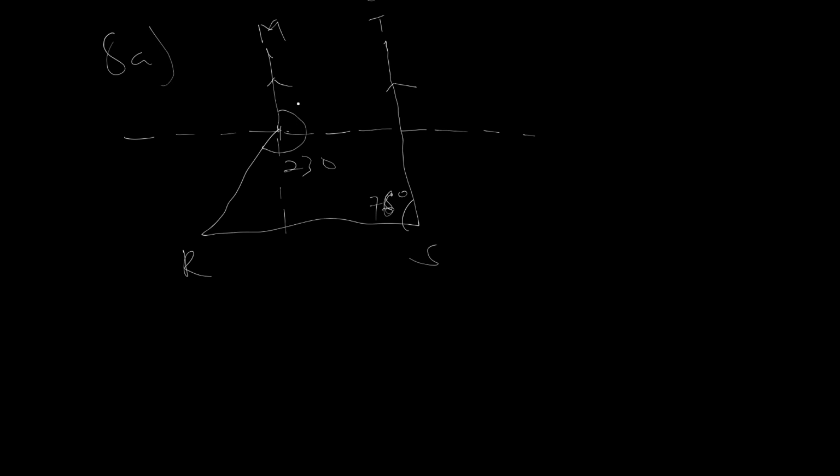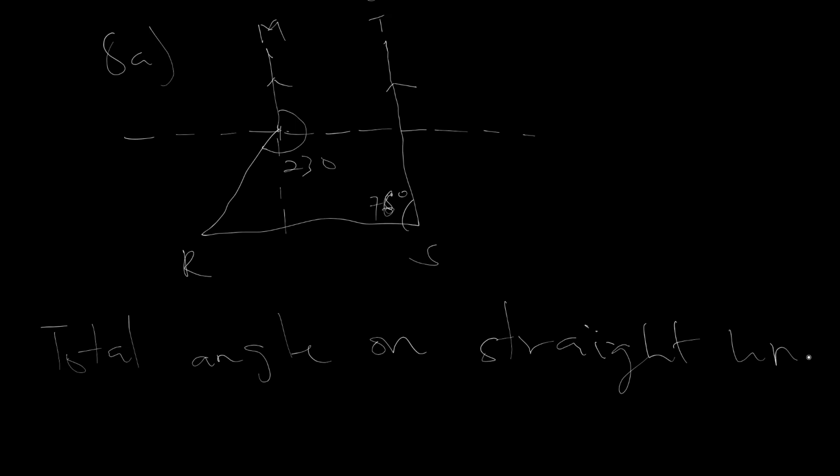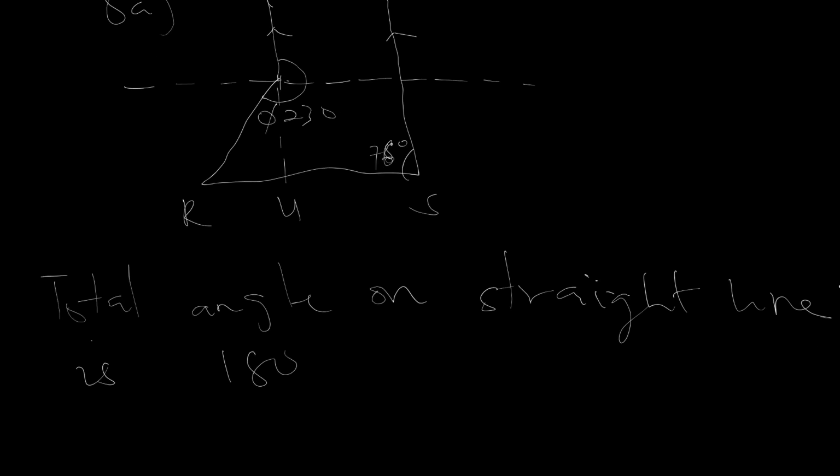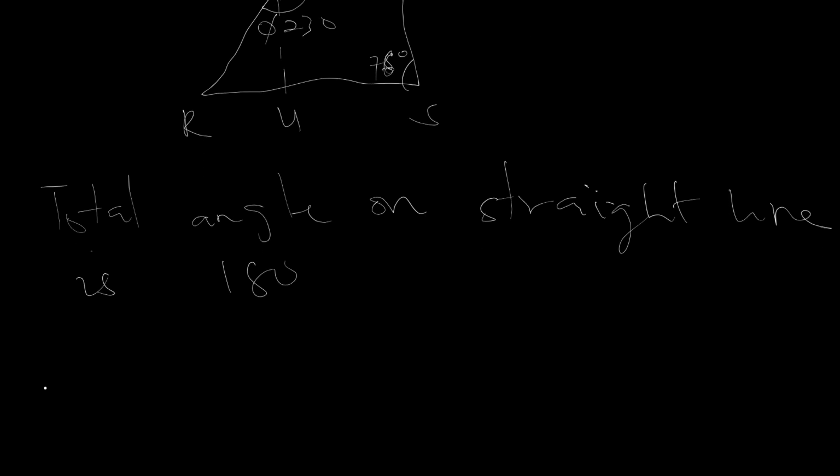So we know that the whole of this angle is 230 degrees, but then the total angle on a straight line is 180 degrees. So let's name here phi, and here U. So then we can say that the angle on line MU is 180.